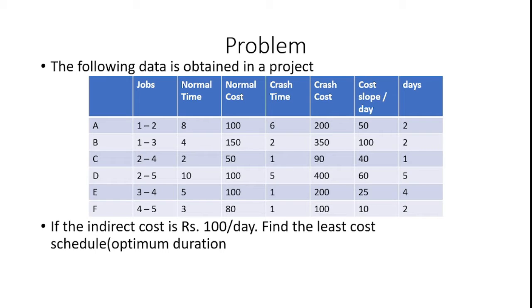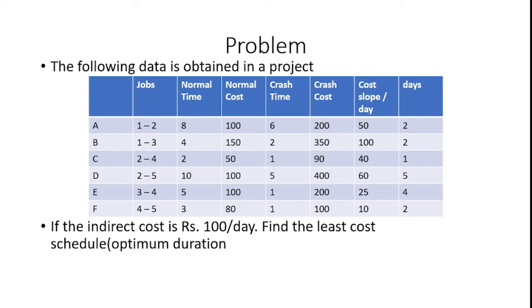To understand the least cost schedule, I follow this problem. The following data is obtained in a project. The sequence of the project is 1 to 2, 1 to 3, 2 to 4, 2 to 5, 3 to 4, 4 to 5. The problem table has normal time, normal cost, crash time, crash cost. The normal times are 8 days, 4 days, 2 days, 10 days, 5 days, and 3 days.